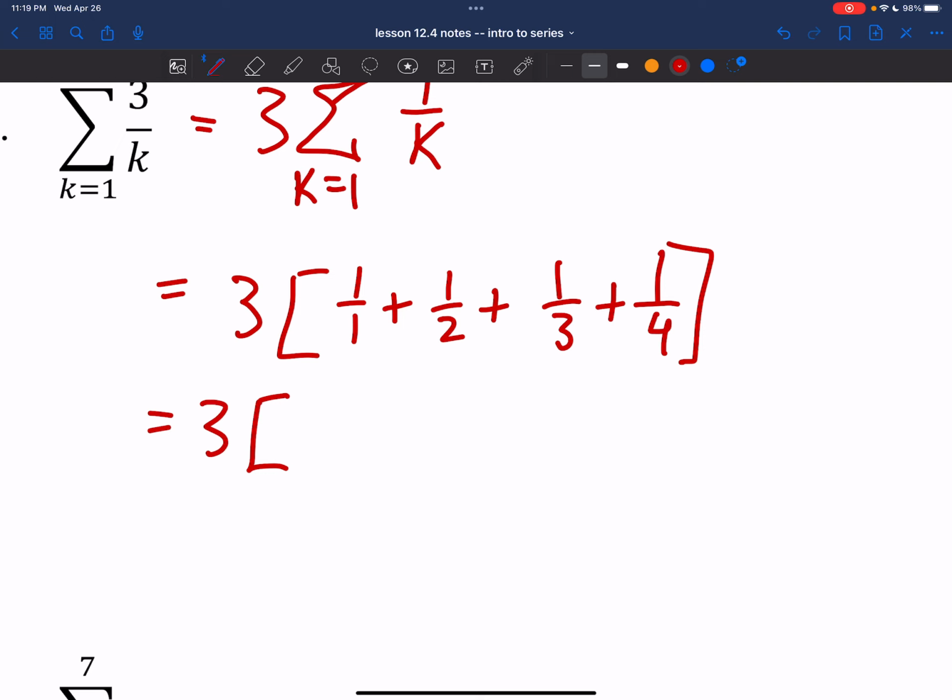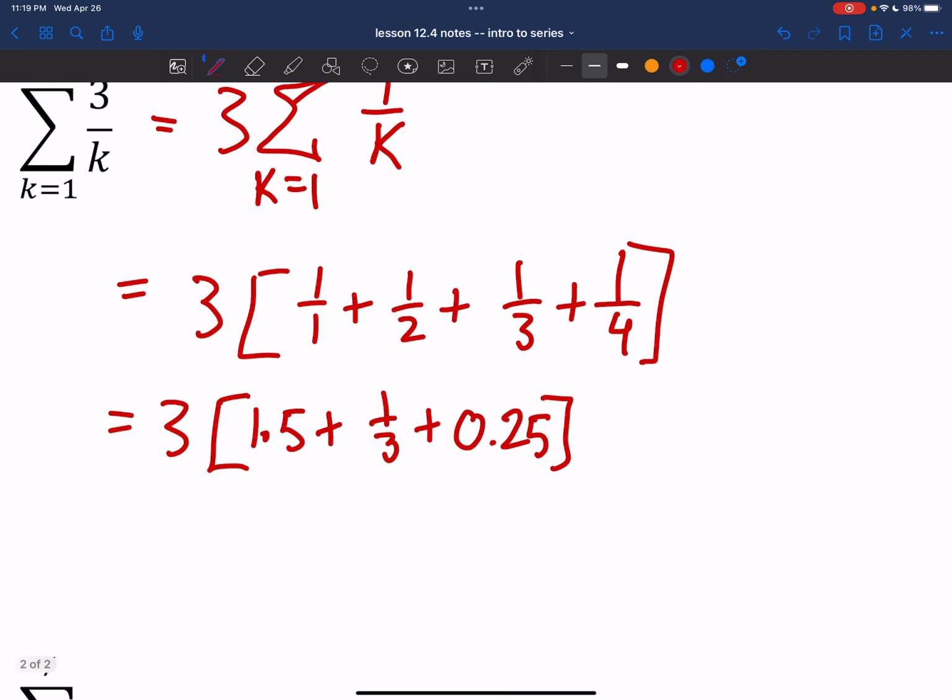And I do need to add that. And I'm going to do it without a calculator. So 1 plus 1/2 is 1.5 plus 1/3 plus 0.25, right? So really, that's just 3 times 1.75 plus 1/3.